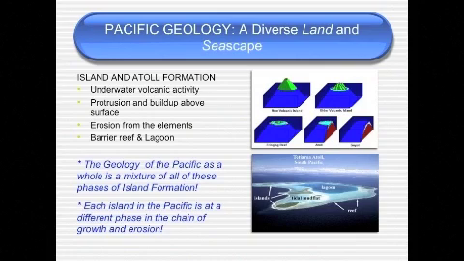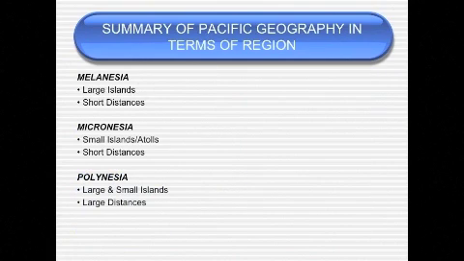The important part to remember is what's written in blue: the geology of the Pacific as a whole is a mixture of all of these phases of island formation. So Hawaii Island, Tahiti, Bora Bora, Chuuk, any island in the Pacific, no matter what size or shape or form, is at one of these different stages of island formation. And that's how you explain the differentiation of islands all across the Pacific.